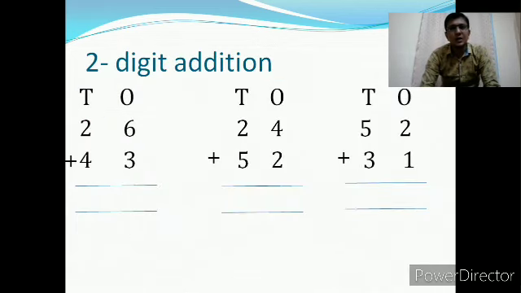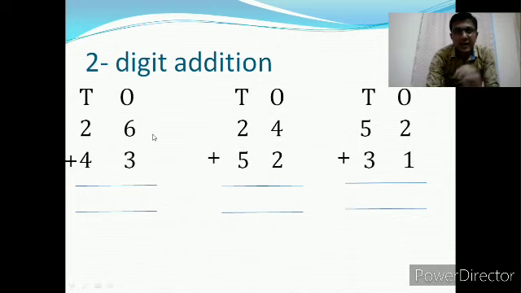Let us go to the 2-digit addition. In 2 digits, what are the place values we have? Ones and tens. Here, some digits are there in the ones and tens places. 2 is in the tens place, that's why it is called 20. 6 is in the ones place. 20 plus 6, that means 26.